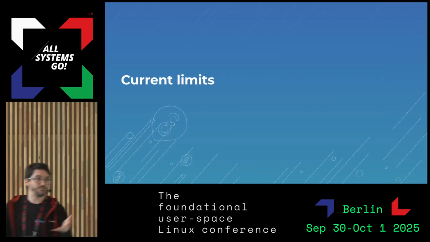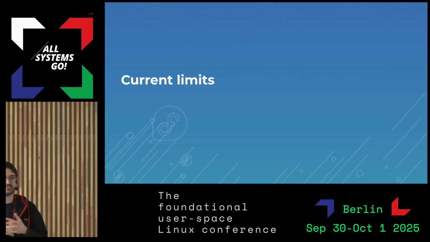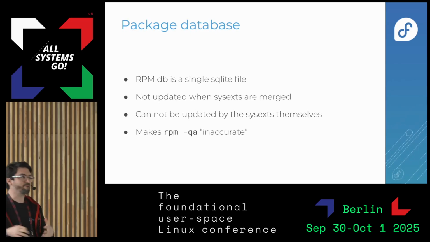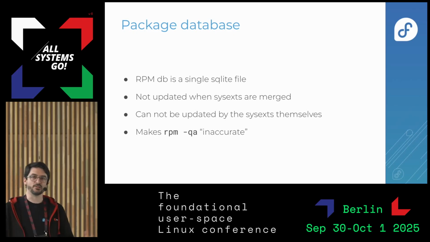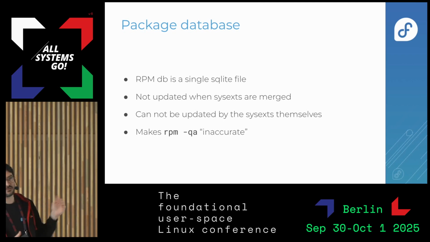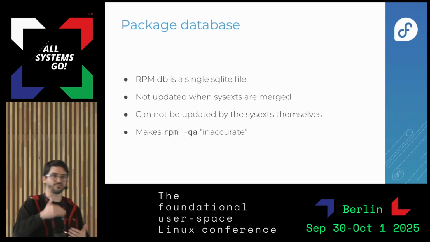And finally, a few limits. What things don't really work well? The main one, which is a little bit cosmetic but not super practical, is that when you're merging content from different Sysexts, the actual RPM DB, the list of the packages that you have installed in your system, doesn't get updated because you're not actually installing those packages. It's just overlaying on top of /usr.